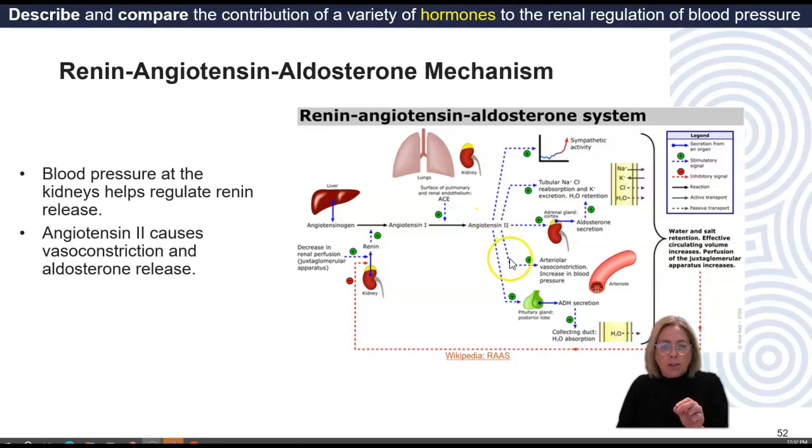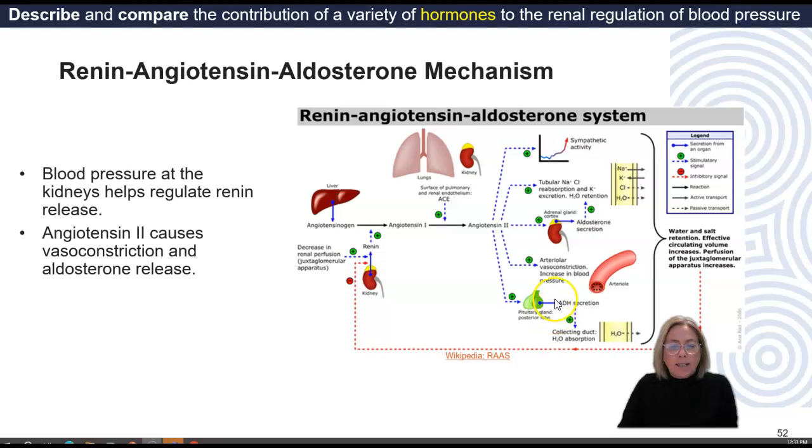So it will cause arteriolar vasoconstriction to result in an increase in blood pressure, because remember the stimulus over here was a decrease in blood pressure to begin with. Angiotensin 2, its activity is kind of short-lived though, but what it also does is it will stimulate the thirst center in the brain, and so we drink water. Again, remember the stimulus was low blood pressure.